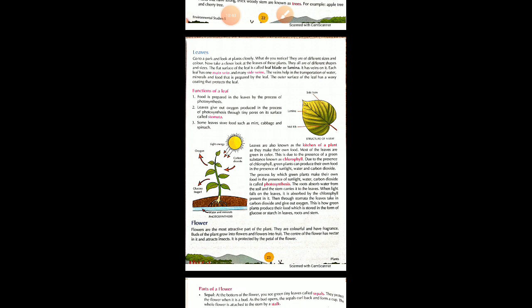Now student, you see many leaves on the plant. Please understand from where these leaves rise. You will see a lot of leaves on the plant or on the branches of the plant.